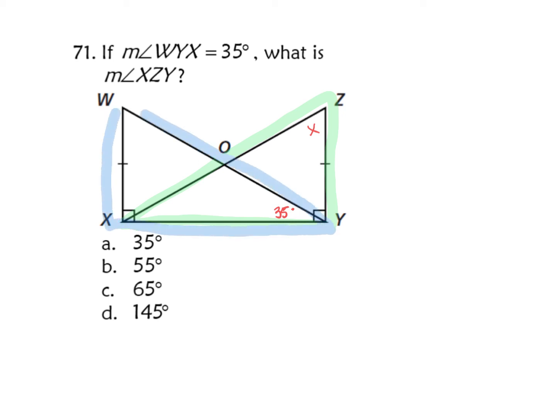So we know that the triangles are congruent. If this angle is 35 and I have a 90-degree angle, looking at this blue triangle, that makes angle W here 55 degrees. Well, W and Z are going to be congruent angles because my triangles are congruent. So my answer is B again.